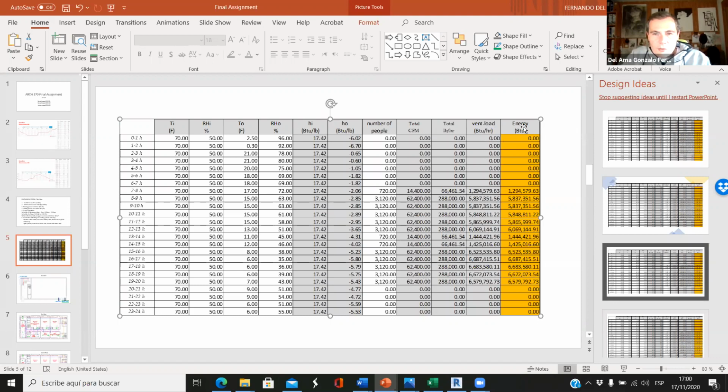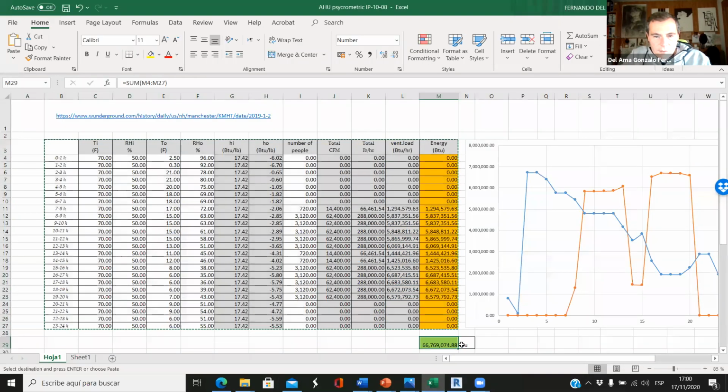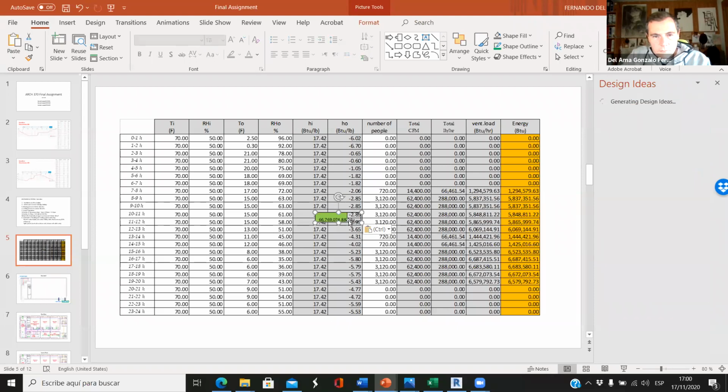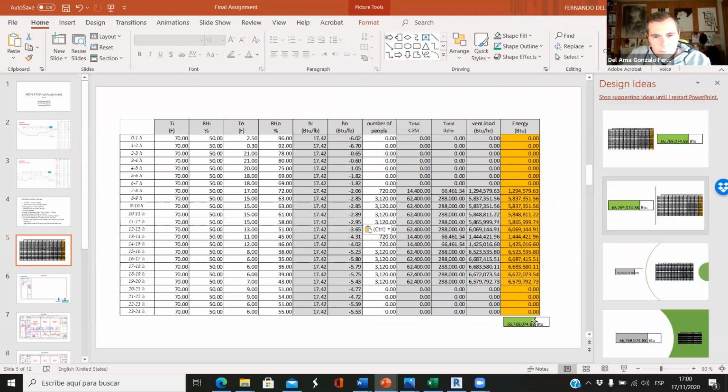So we need two things. We need the total energy, and the total energy is this value. So I didn't copy. Okay, this is the total daily energy in BTUs. And the ventilation load, because we want to dimension the system now, we have to select the highest value here.